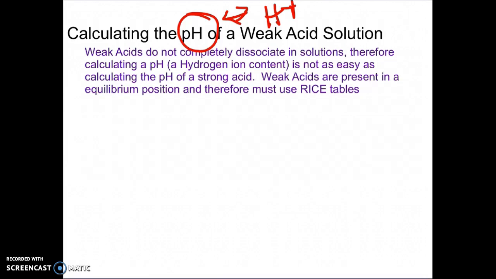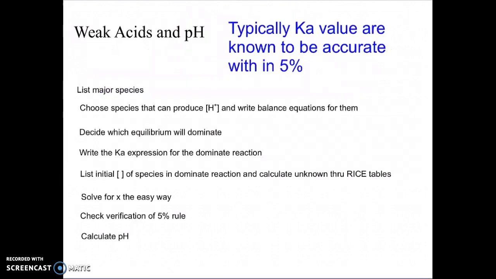You're trying to get to that H plus, or as you know, H3O plus, the hydronium ion, same thing, just with the water attached on. The other thing about weak acids that you should have picked up by now is that there is a list of what we call Ka values. Ka values will not be anything that you need to memorize. You will get a table of them, or they will be embedded in the question.